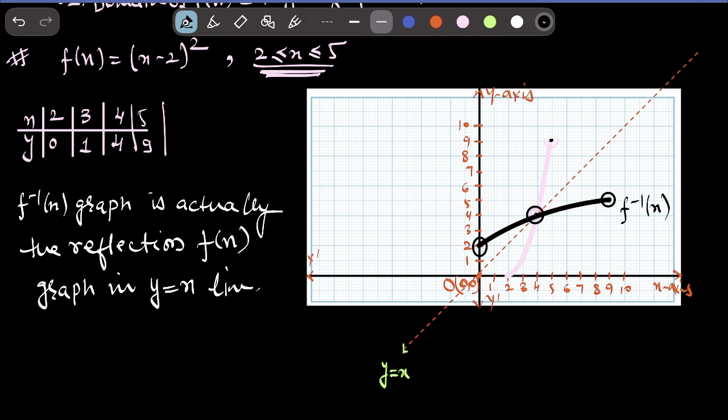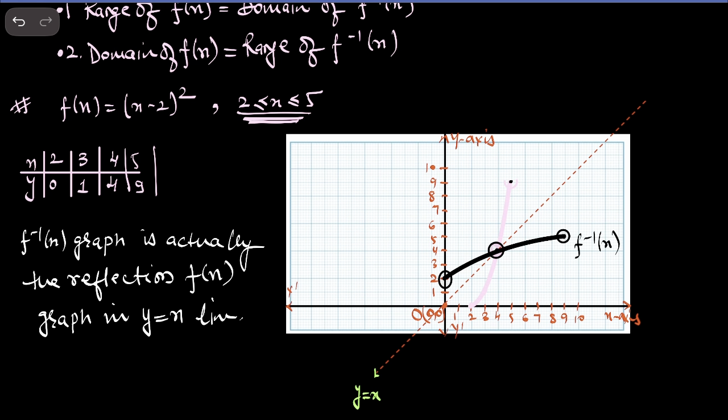So now we have understood that suppose you are having a function f of x, you are having a domain of it. So first of all, we will quickly plot the graph of it. Then we will make a line y is equal to x, and we need to reflect this pink curve in the y is equal to x line.